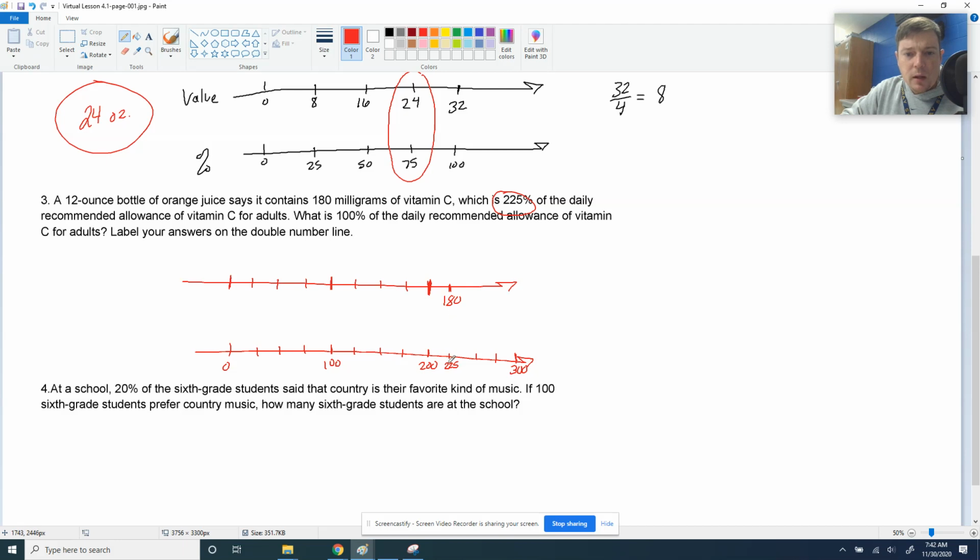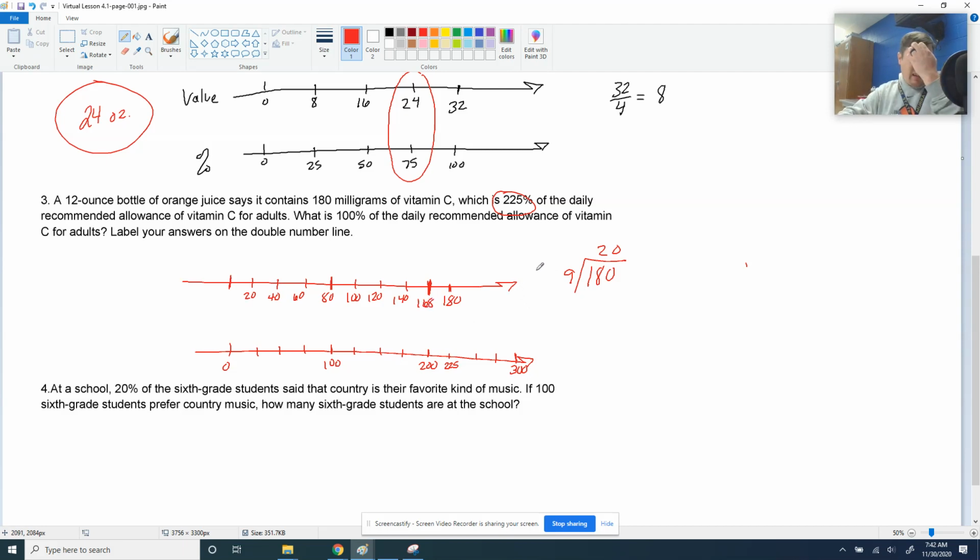So we want to find out how many spaces they're splitting this up into so we can find out what they're skip counting by. We've got 225, which is our total, and they've split this up into 1, 2, 3, 4, 5, 6, 7, 8, 9 spaces. So we need to take the 180 and divide by 9. 180 divided by 9 is 20. So they're skip counting by 20s. 20, 40, 60, 80, and so forth. 120, 140, 160, 180.